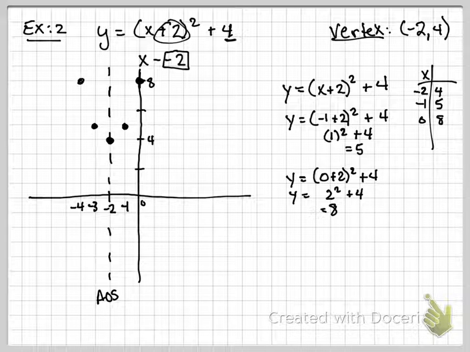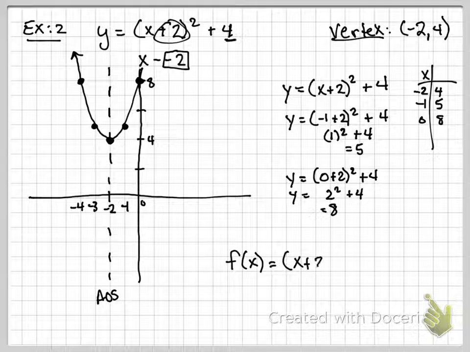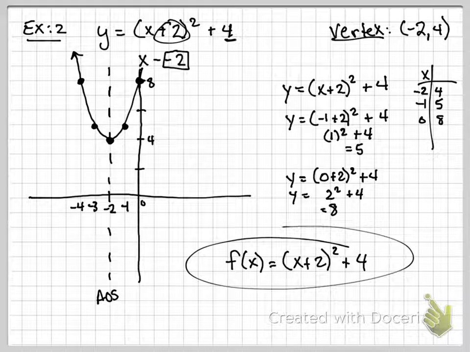And I am good to go. So here I have something very specific, it's not just a sketch anymore. This is an exact representation of the function f(x) equals (x plus 2) squared plus 4. And vertex form is very helpful when I'm going through and graphing these things.